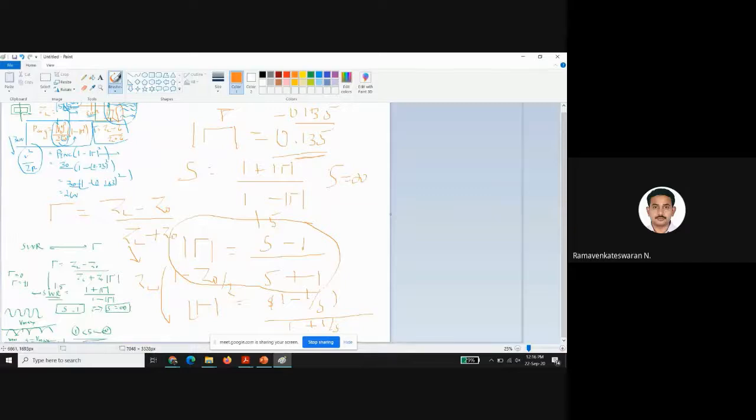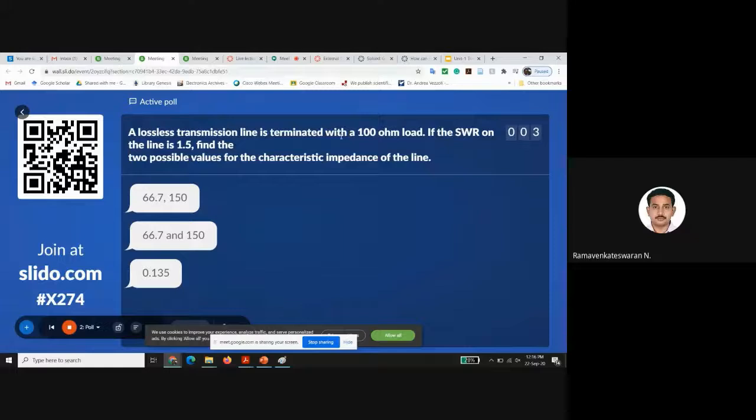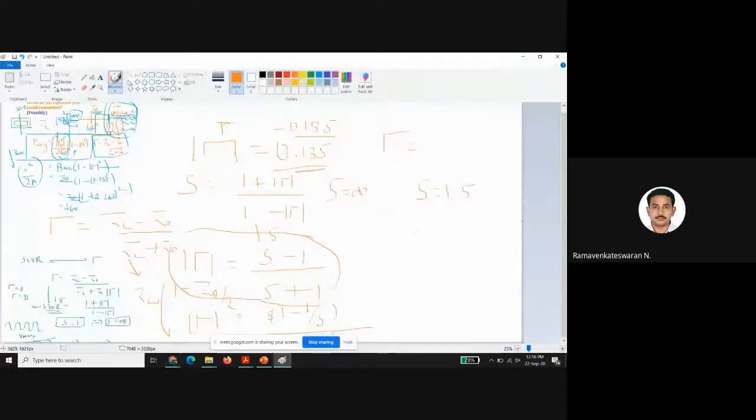Okay, the standing wave ratio S is 1.5 given. Sorry, here ZL is already given. ZL is 100. Substitute 100, and you need Z0, right? You could easily find this gamma is 0.135, and you could easily find Z0 because ZL is given.